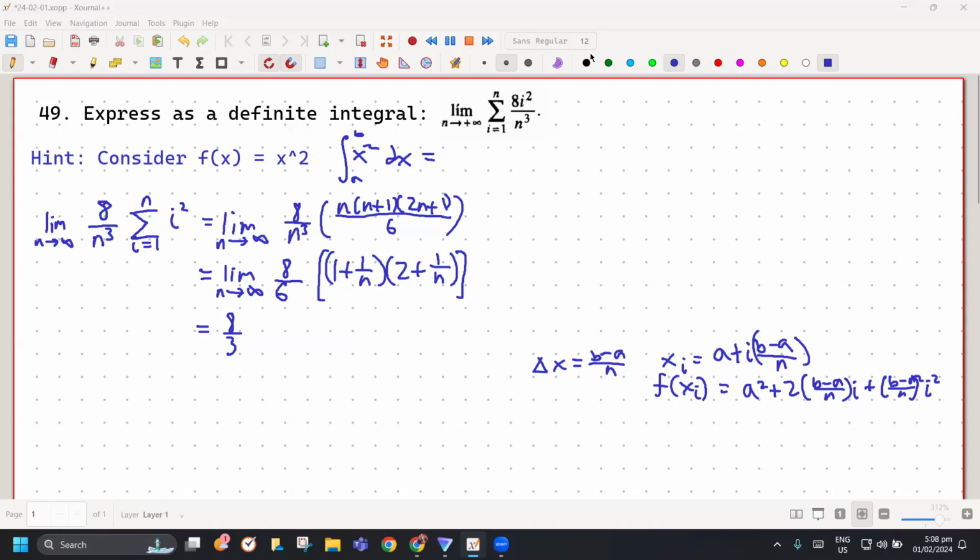Ilang instances ng external ba yung nakabukas sa'yo? Dalawa? One lang yata. Ito yung current na nakikita ko sa screen ko.